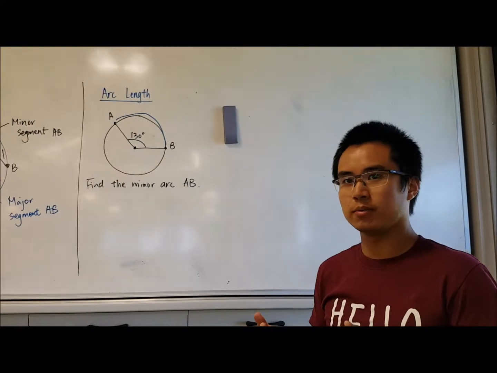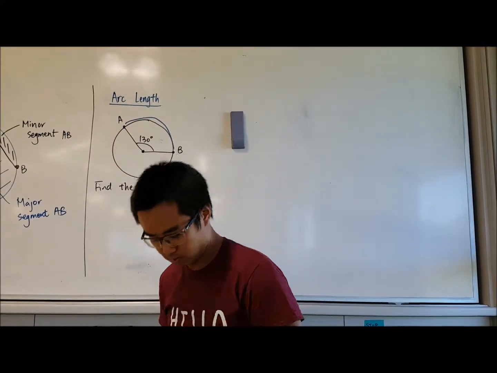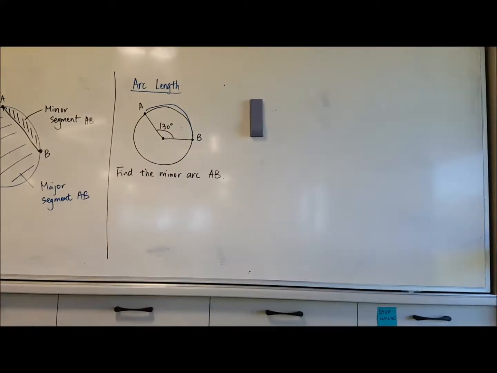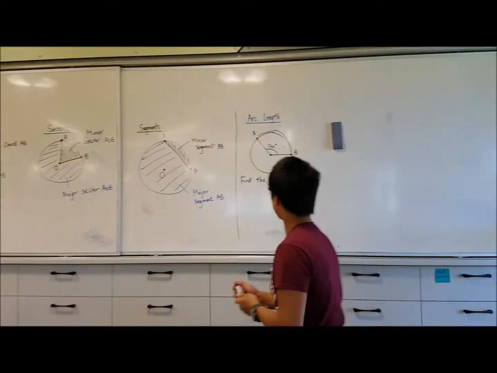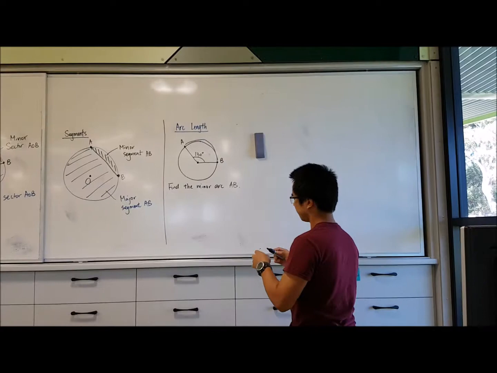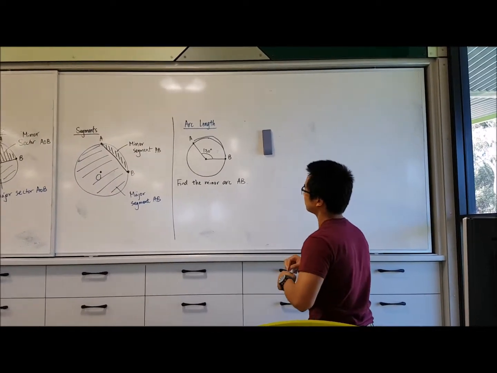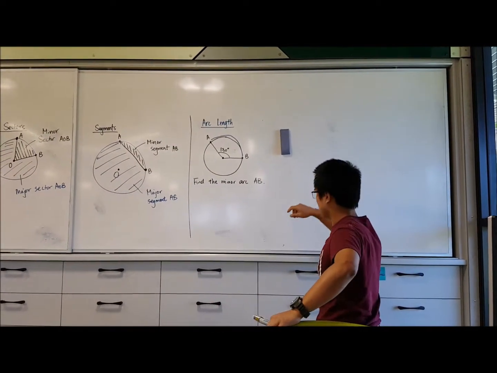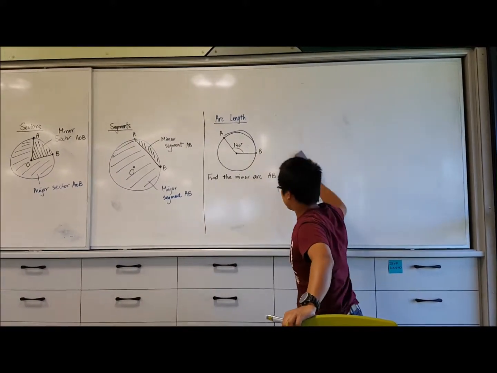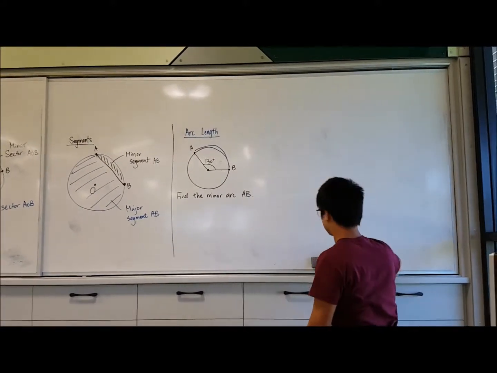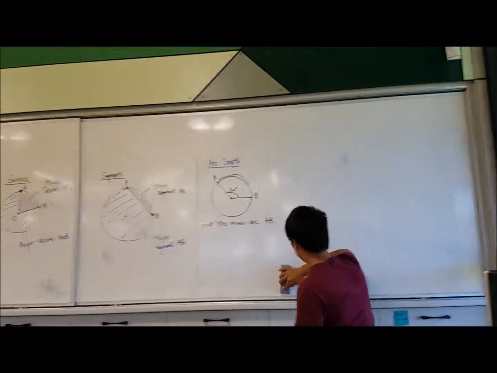Where should we start when we want just a section of circle? I just want the length from A to B around the outside. So what's related to the distance around the outside of the circle that we already know about? The circumference.